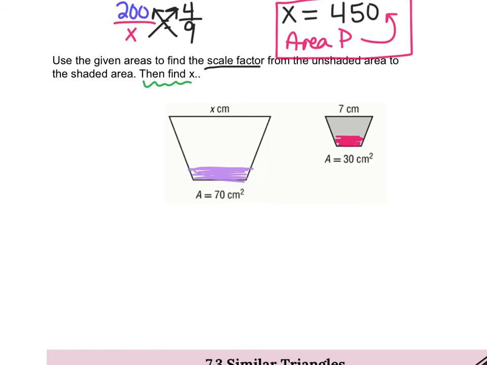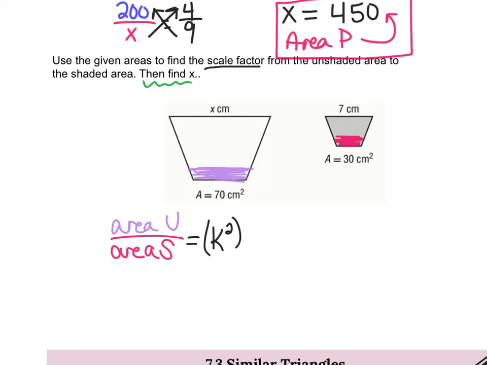We will call them S and P. We're going from unshaded to shaded, so we're going to put the unshaded area first. Area of unshaded over area of shaded is going to equal our scale factor squared. Like before, when we have a missing scale factor, you can call it k.